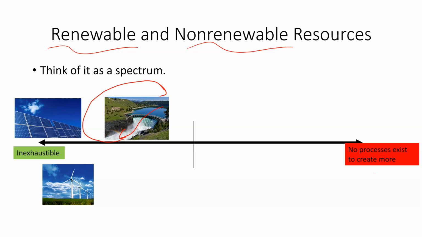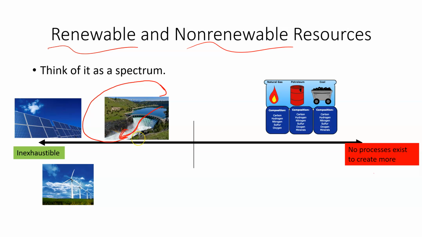So that's a renewable process, but it's not quite as immediate as the return of sunlight every day. So it is possible to use that hydropower resource faster than it is replenished through the water cycle. So yes, renewable, but not inexhaustible.